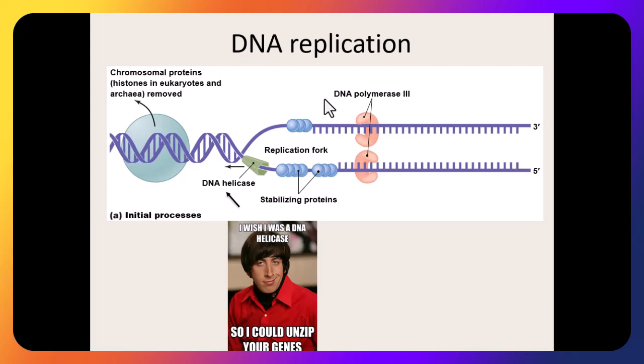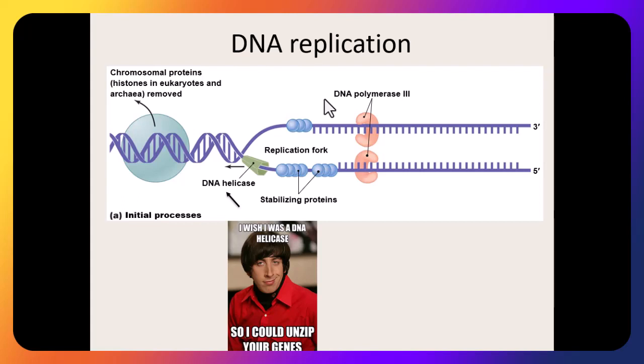So if your original DNA strand had an A, what base would get brought in? What pairs with an A? In DNA, though? A T. If this strand over here, maybe this base is a C, what base would get pulled in? A G. So that DNA polymerase is the one that's bringing bases in.